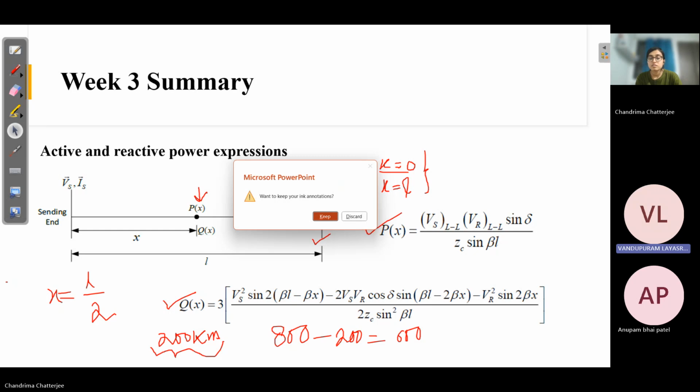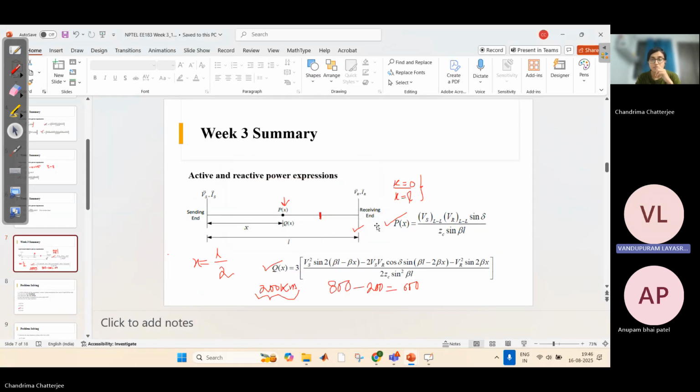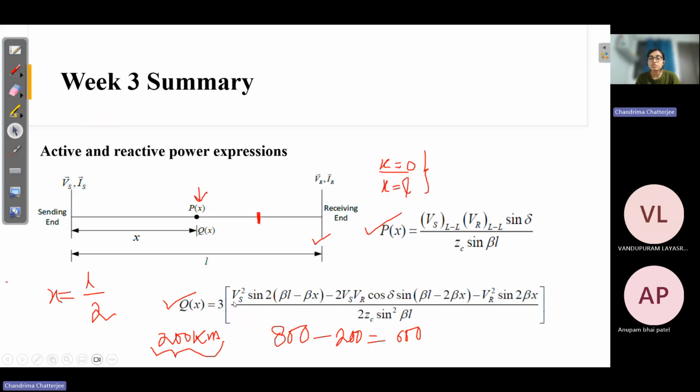Ma'am, if reactive power is given in terms of percentage, then how do we need to do it? In assignment questions, they ask. See, per unit, you will have to multiply by 100.